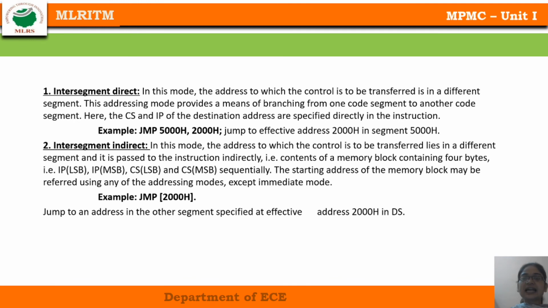The starting address of the memory block may be referred using any addressing mode except immediate addressing mode. For example, JMP [2000H]. Jump to the address in the other segment specified at effective address 2000H in the DS segment.